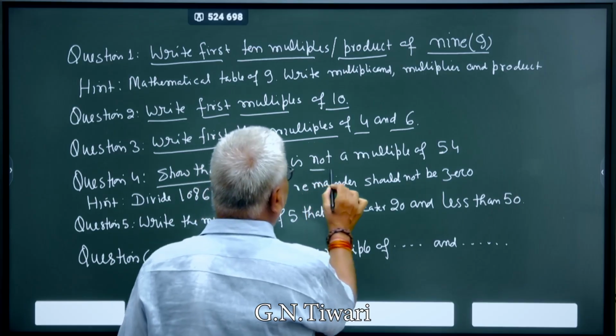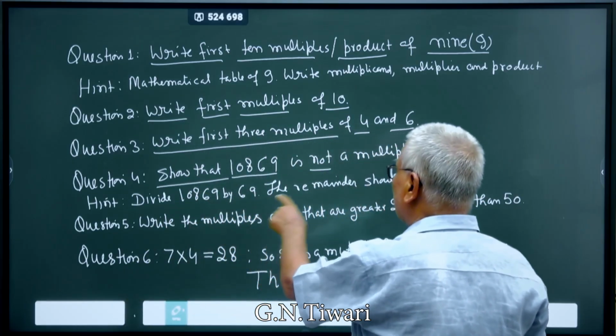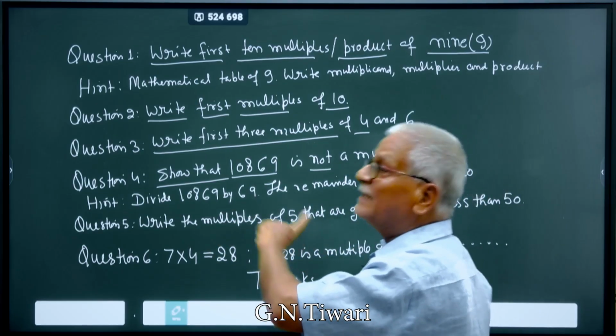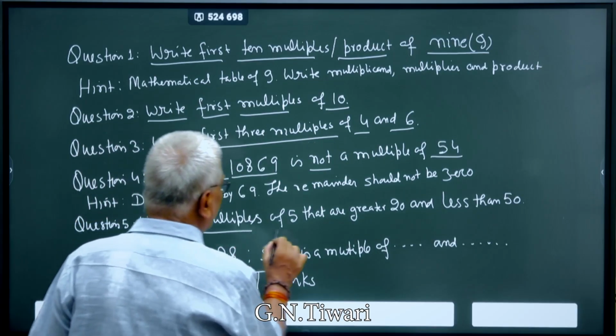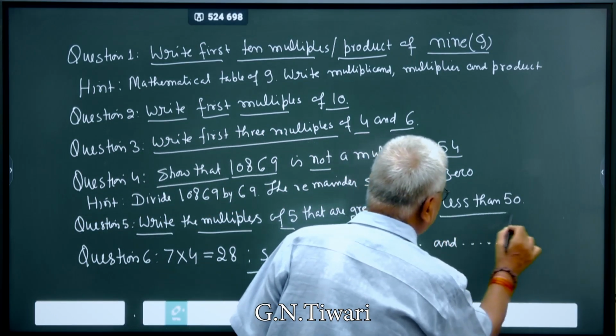Just see, show that 10869 is not a multiple of 51. If you divide this by this, the remainder should not be 0. If it is not 0, then it is not a multiple. Again, write the multiples of 5 that are greater than 20 and less than 50.